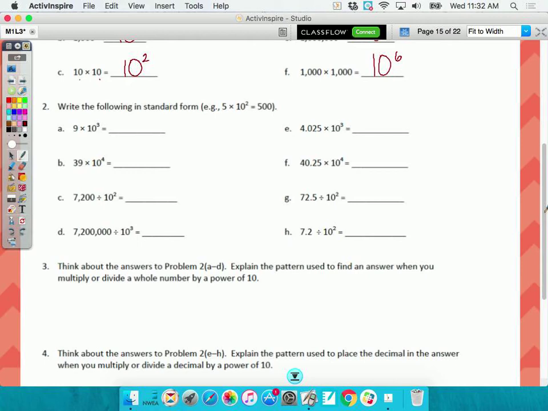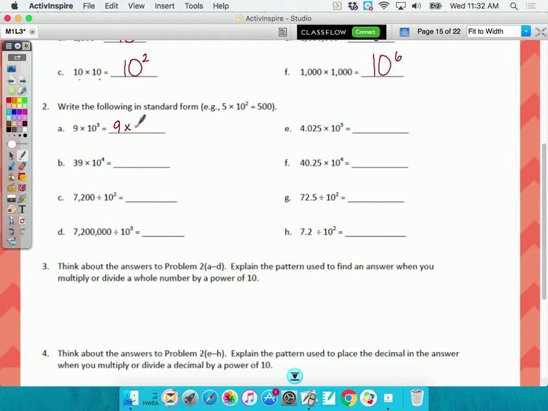Okay, write the following in standard form. Now, Mrs. Lewis has a strategy for this that you'll have to follow along with. Cooper, put your eraser in your trapper, please. So we're going to rewrite the problem without the exponent. So 10 to the 3rd power is what number? Which one has 3 zeros?